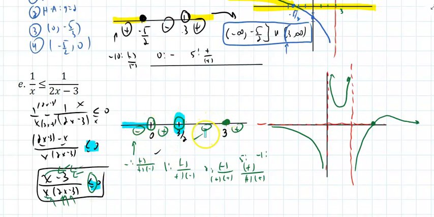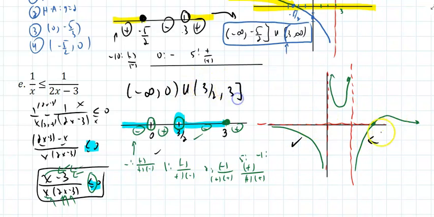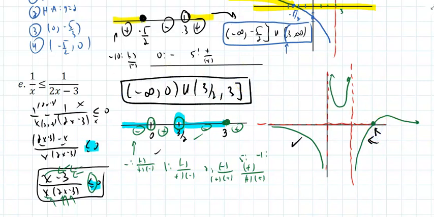It's right there, and it's right there. So my answer would be negative infinity to 0. Similarly, I could put here and here. Union with 3/2 to 3. The only included point is the 3 because that's not in the denominator. And that's pretty much it for this section.